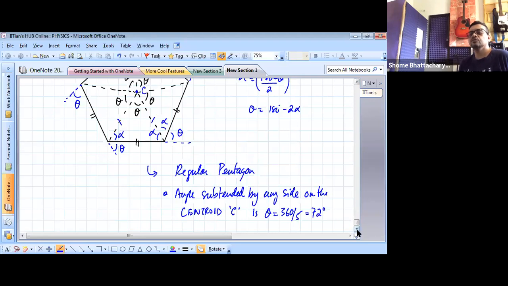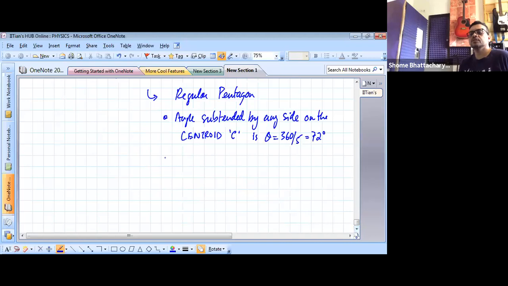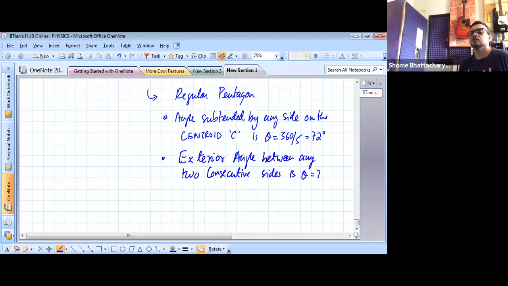And the other is that the exterior angle between any two consecutive sides is also theta, equal to 72.